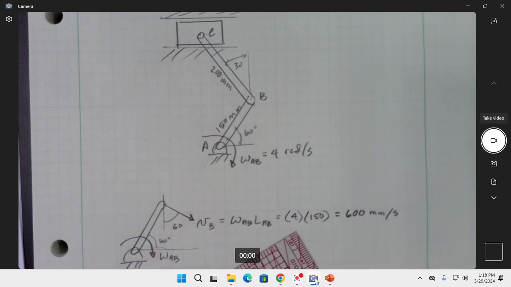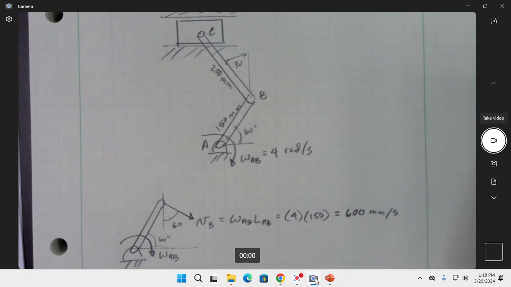Yes, ma'am? Again? You could definitely. But at this point, I was going to try this routine I kind of stick with. But you totally could break it down at this point into a y component and an x component. You could break the VB into it right now if you wanted to, right?